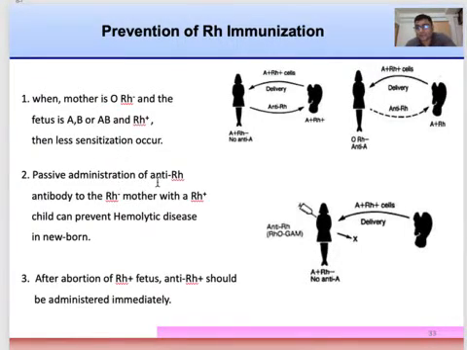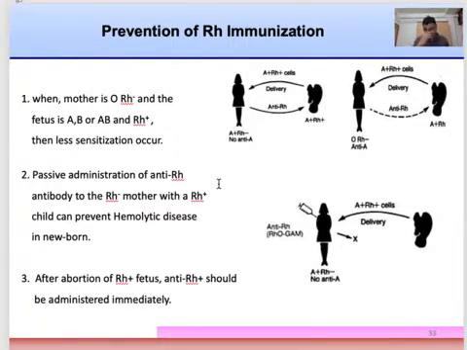Passive administration of anti-Rh antibody to the Rh negative mother with an Rh positive child can prevent hemolytic disease in the newborn. How can we prevent the immunization? We need to passively inject anti-Rh antibody into the mother from outside, and it will prevent the hemolytic disease.